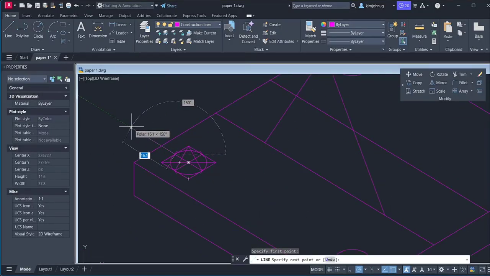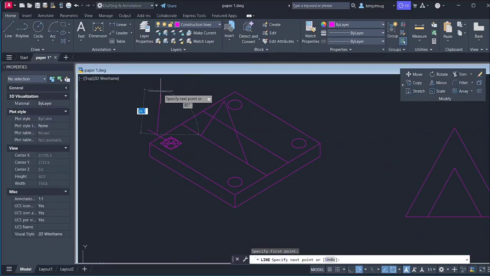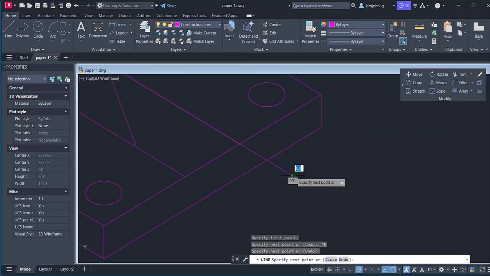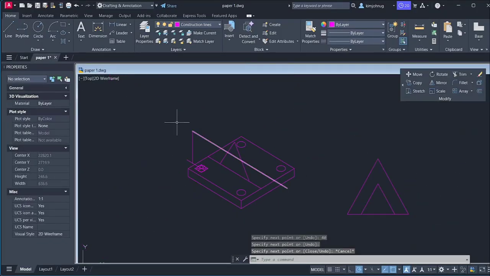So the dimension is telling me that along here there's a distance of 40. It's aligning with this center, and that's where this bracket is starting from.